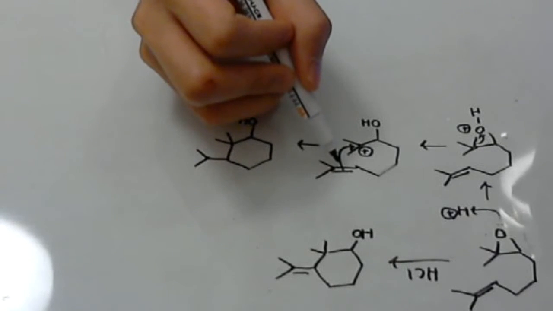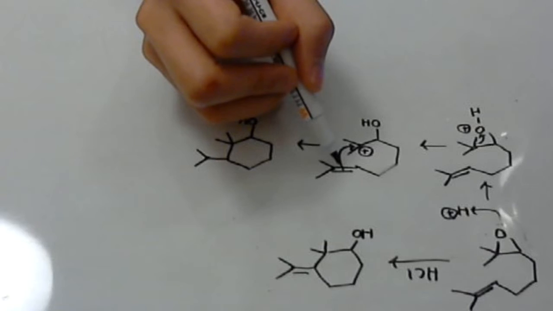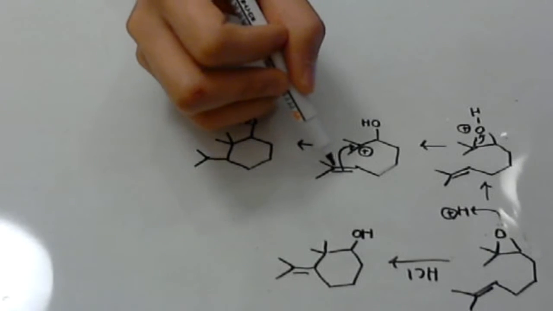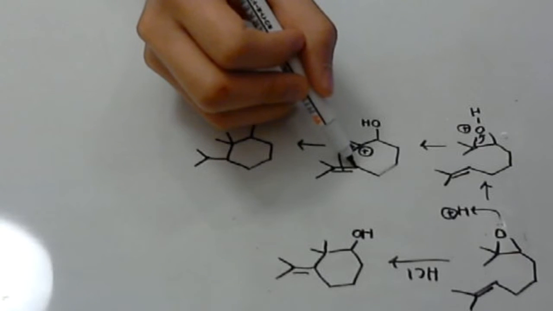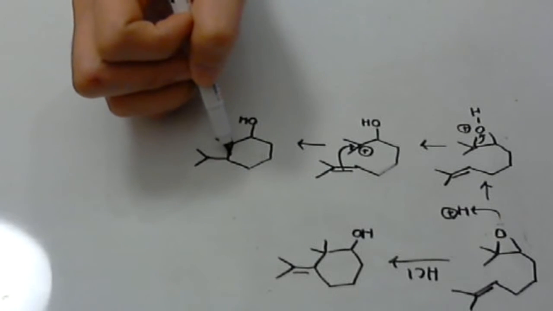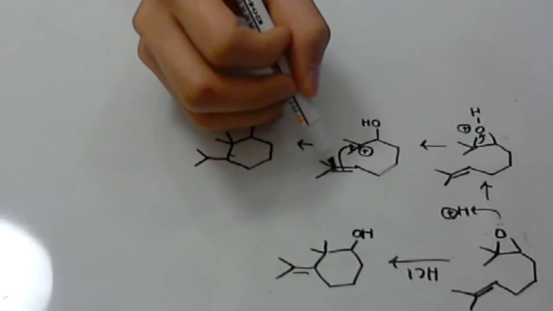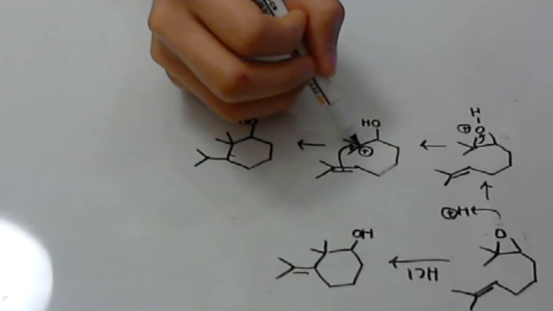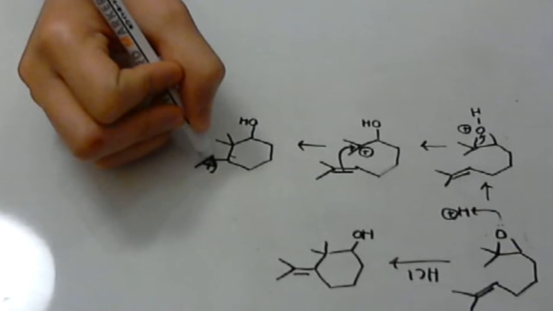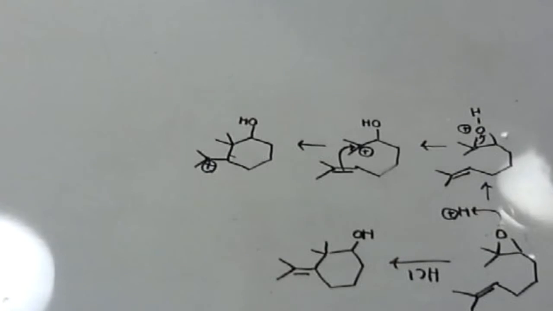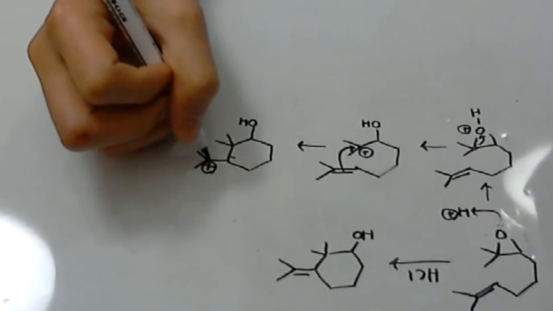And wherever the positive charge is, that's where the electron was taken from. So this carbon's still part of the ring, so it still has an electron here, but this electron was taken away and given to that carbon, right? So the positive charge is actually on this tertiary carbon right here.